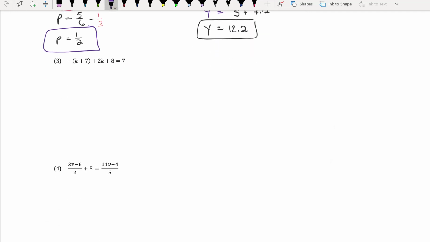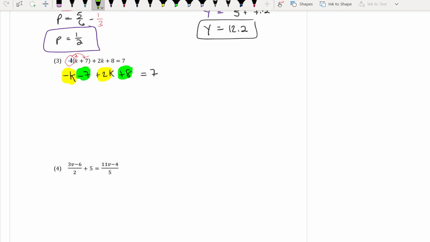For number 3, you can think of it as this being a -1 that's being distributed into those parentheses. So if you take that -1 and you multiply inside the parentheses, you'll get a -k minus 7 plus your 2k plus 8 is equal to 7. So here, combining like terms, you know that you have some k values and you have some constants.